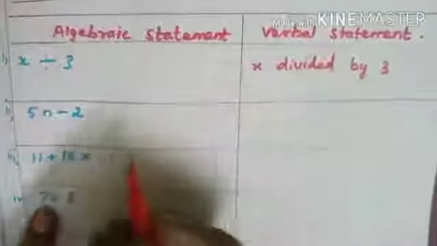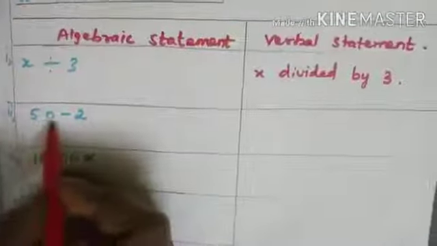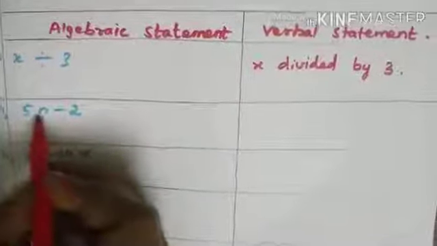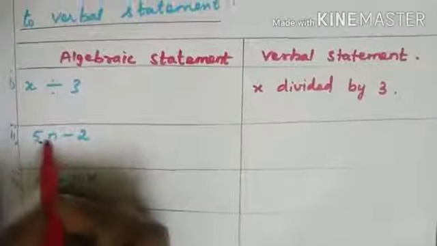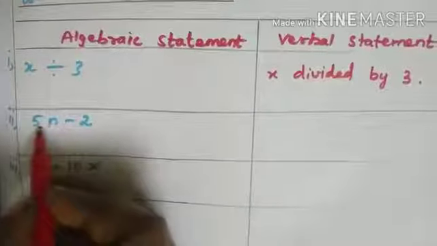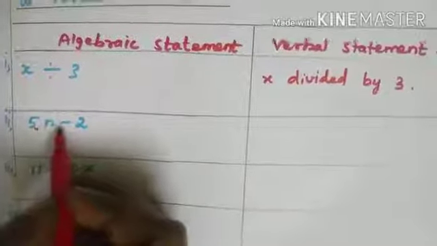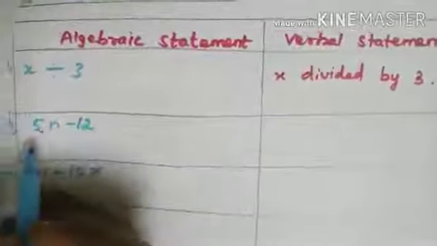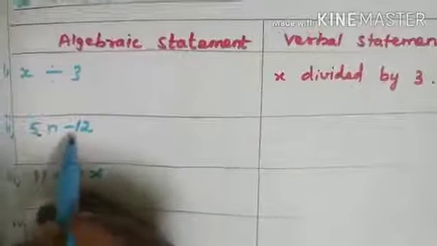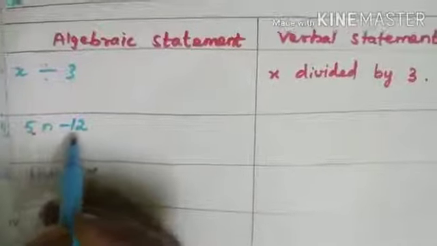The next one you see, 5n minus 12, 5 into n. If there is no symbol, we have to assume there is a multiplication symbol. Therefore 5n minus 12.